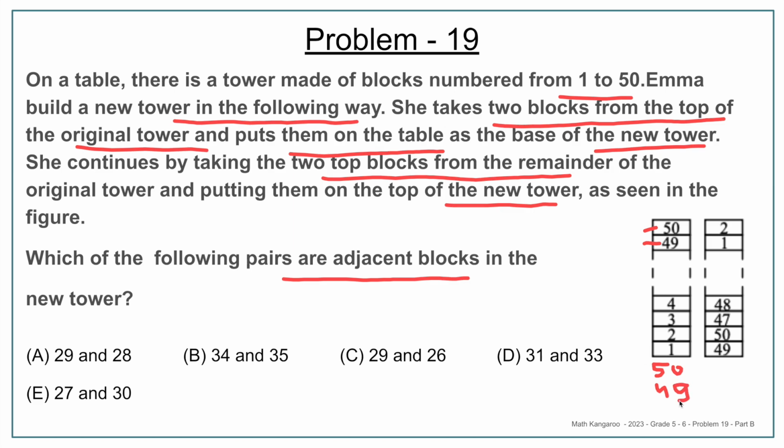She continues taking the next two blocks, for example 48 and 47, and stacks them on top of the previous one. This process continues, forming the new tower from bottom to top in pairs. Let's dive into this problem.